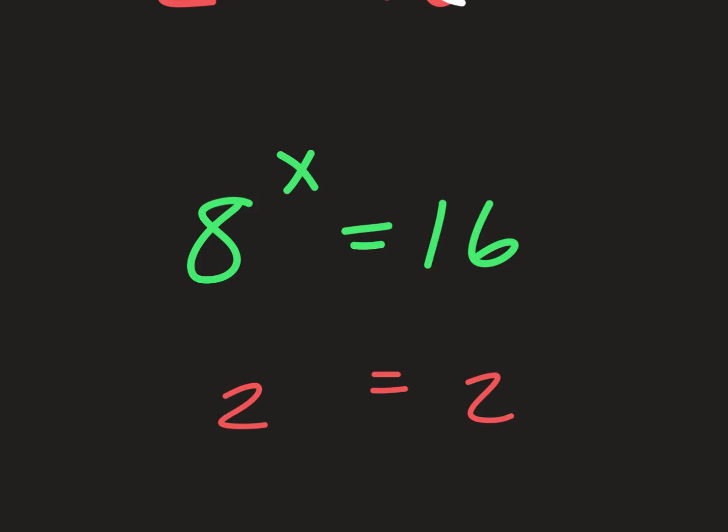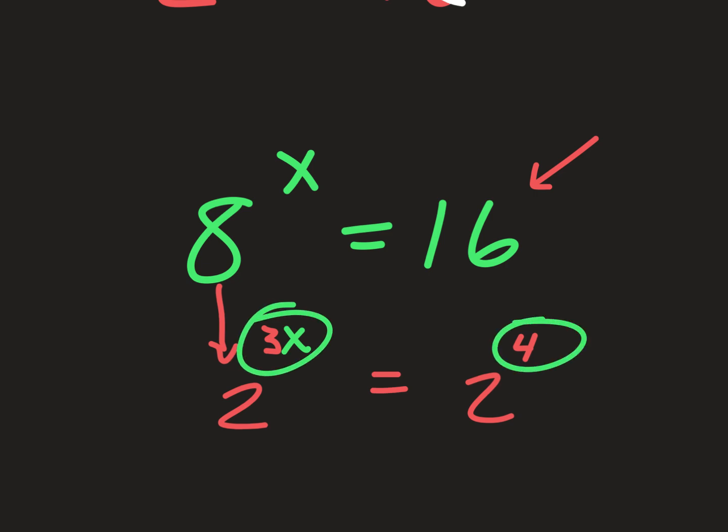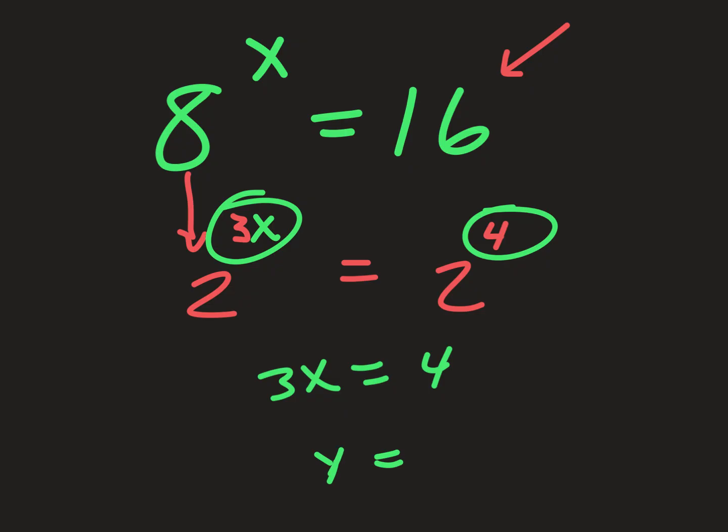Max, this 16 here, that's 2 to the what? Good. This 8 here, that's 2 to the what? Good. Now what am I missing? The x. Does that mean 30 something? No, that means 3 times x. All right, so then the bases are the same. Cool. 3x equals 4. x equals 4/3. All right.